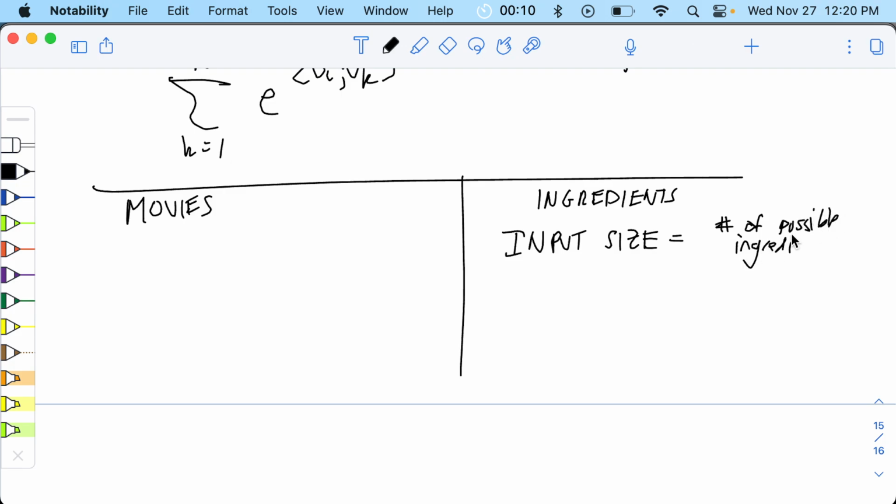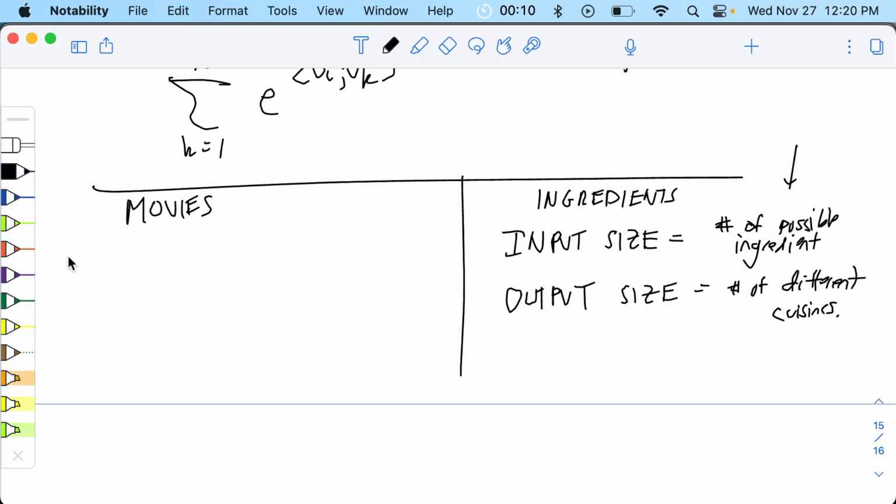You'd have like a neuron for every ingredient, and the output size would be the number of different cuisines, right? So this is like if you want to predict using only one ingredient what it would be. You'd have to make it a little more complicated to do multiple ingredients, but this is essentially what you're doing. So your vector embedding is going to be this matrix with that input size.